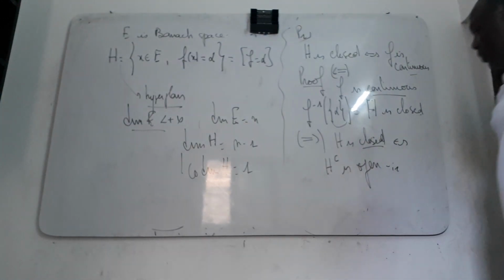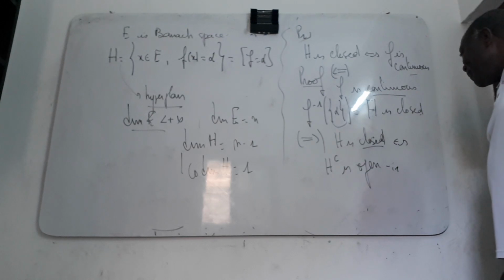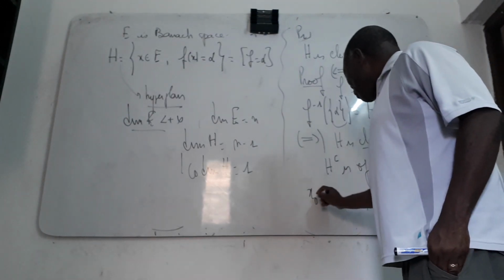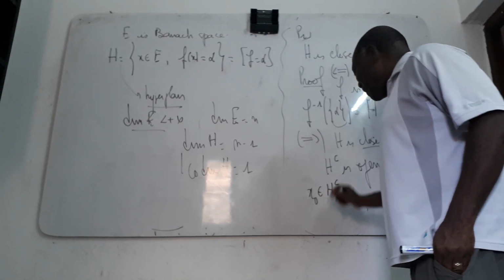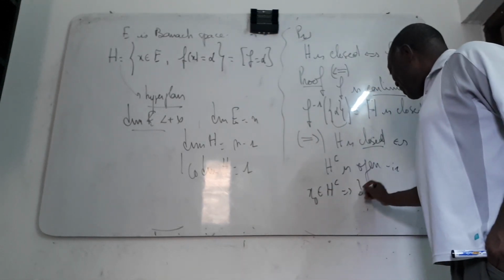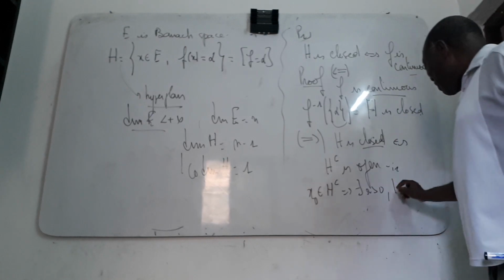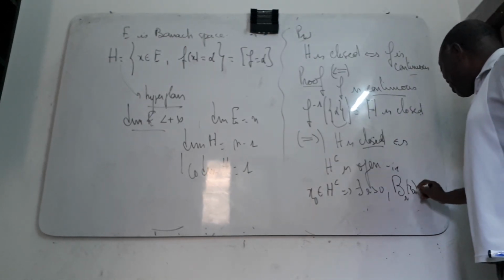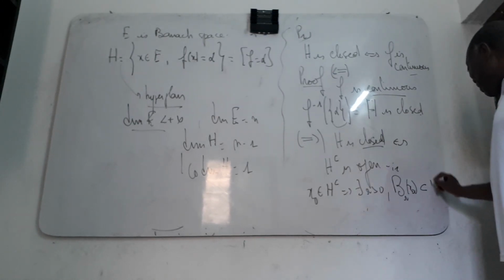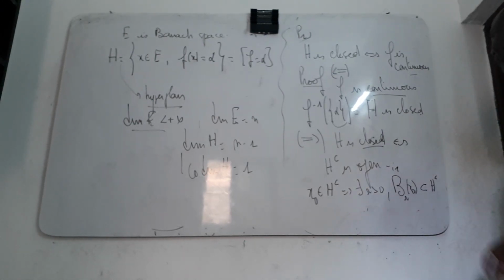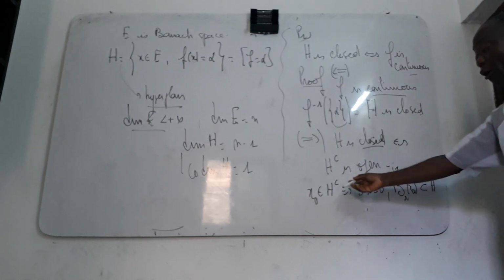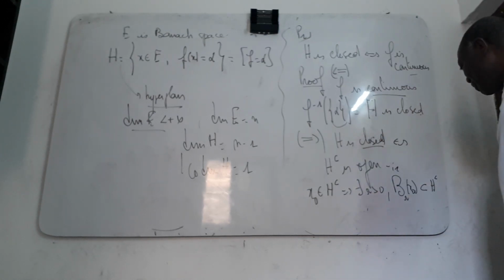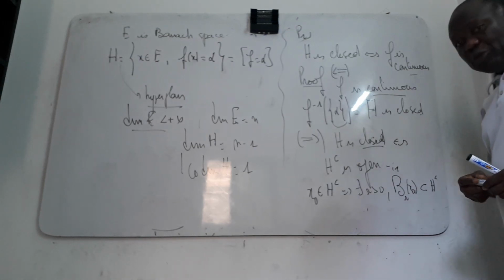If you take x0, an element of the complement H^c, there exists r such that the ball of center x0 and radius r is contained in H^c. By the definition of an open set in this kind of topology, you have this.